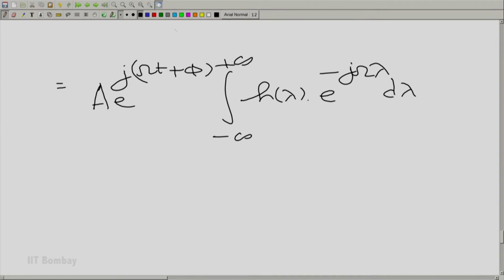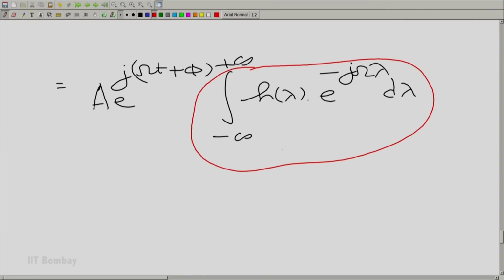And notice that this quantity essentially depends only on omega and h. So, the beauty is, we notice something very special here. When we give one rotating complex number to this linear shift invariant system, all that happens is that rotating complex number is multiplied by a constant.